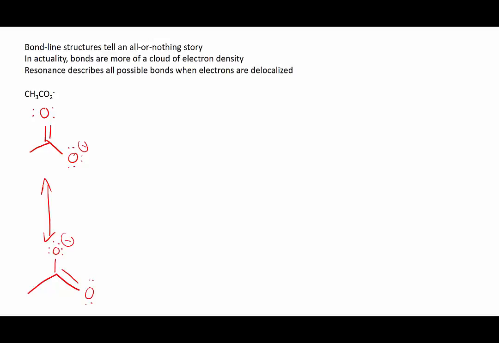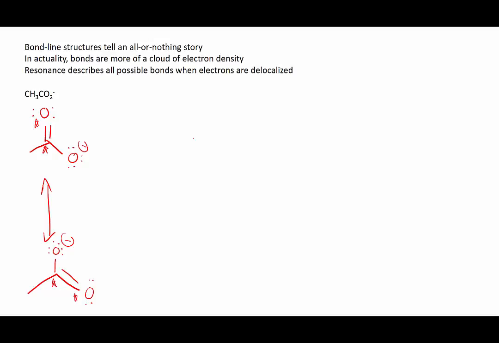So what does this really look like? Let's draw some orbitals. These sp2 hybridized atoms, in particular the carbon and this oxygen, are going to be trigonal planar. But in the bottom example, the carbon and this bottom oxygen are trigonal planar. So let's draw it as a trigonal planar.